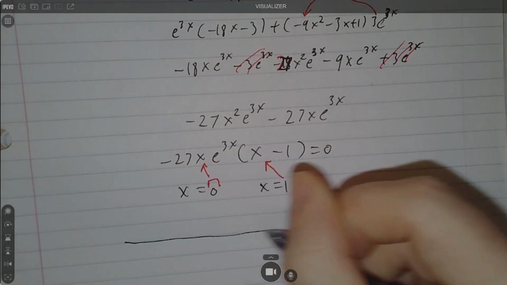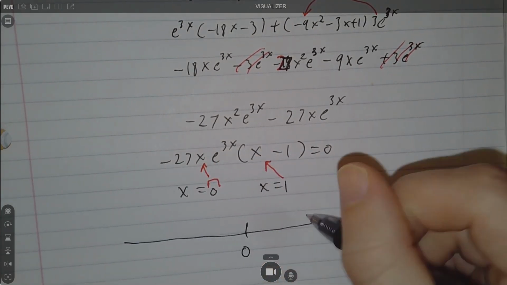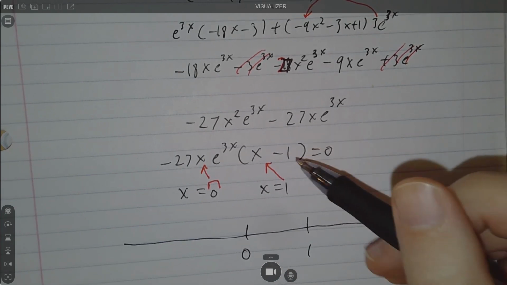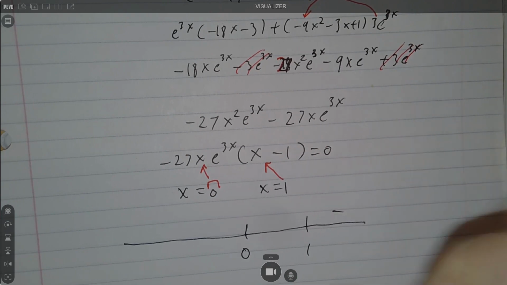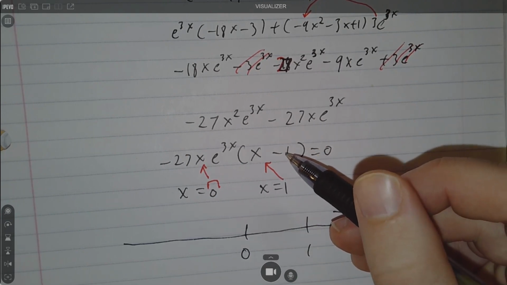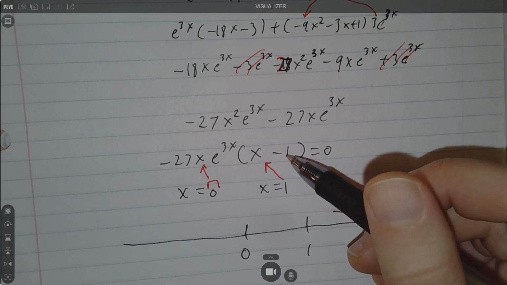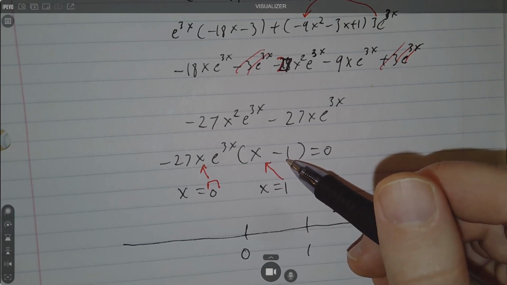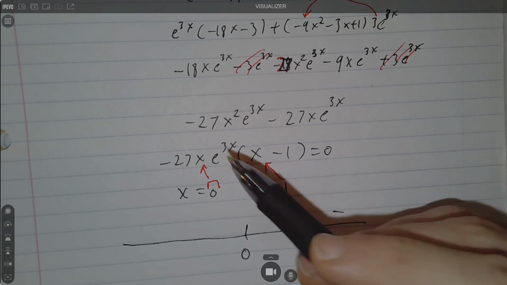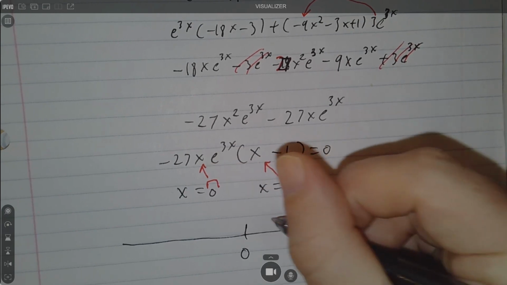I believe those are going to be my two inflection points, so we will double check that with the little sign chart here. If I plug in like a 5, I will get positive and a negative. If I plug in like a 0.5, I would get a negative here and a negative here, which would make it a positive.